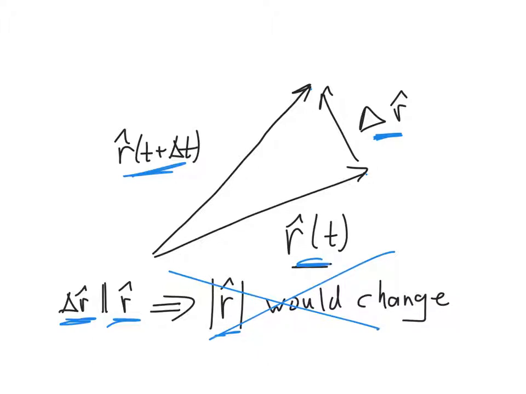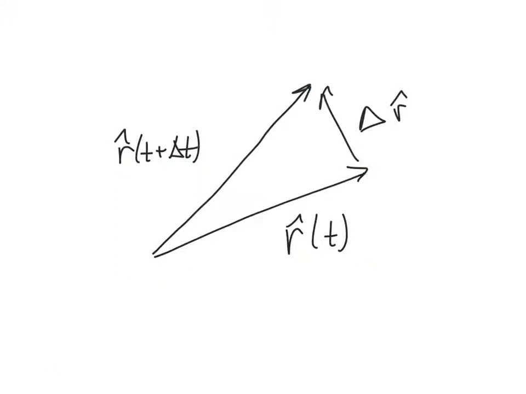change length. Therefore, we require that however we write delta r hat, it can have no components along r hat itself. So the two vectors must be totally orthogonal. Well, the only orthogonal basis vector we have for r hat is phi hat.